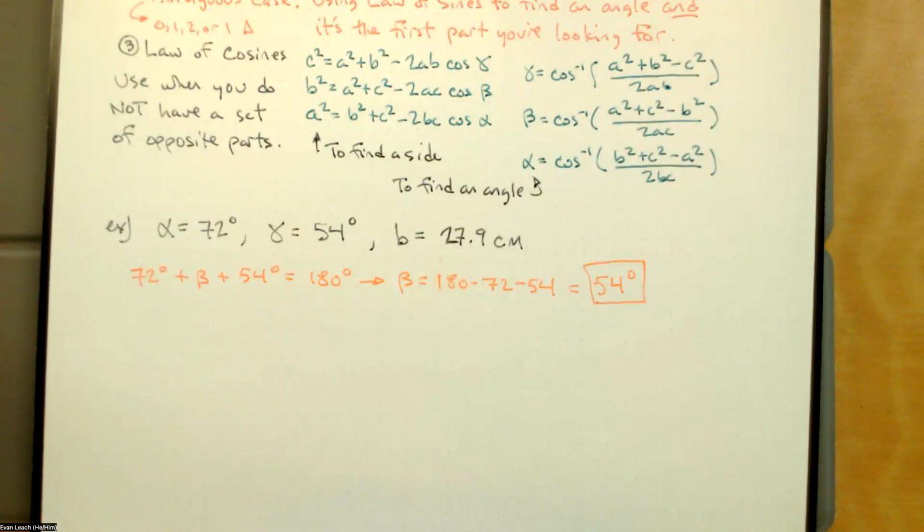We notice something else about this particular triangle. What do we notice about this triangle? This is an isosceles triangle. We have two equal angles, therefore we have two equal sides.